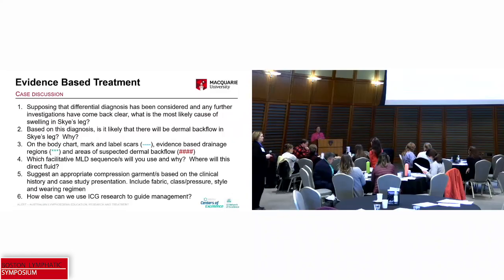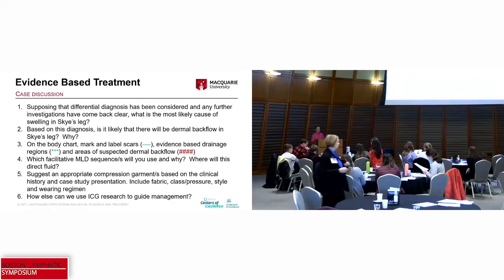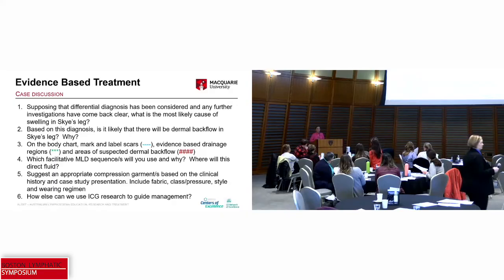So I absolutely agree for Skye that we would be taking fluid across her pubic region, but not because we think we're creating a pathway, but because we think her body's taking it there anyway. And why do we think that her body's taking it to the contralateral inguinal region? She has fullness across the pubic region, and that can be a really good indication that that's the way her body's taking that fluid across her mons pubis.